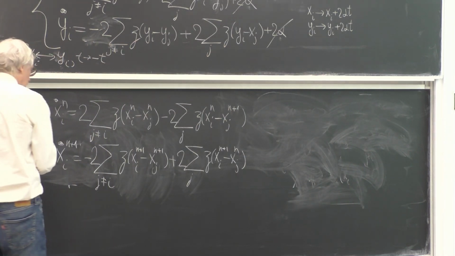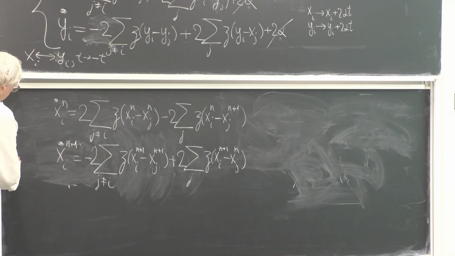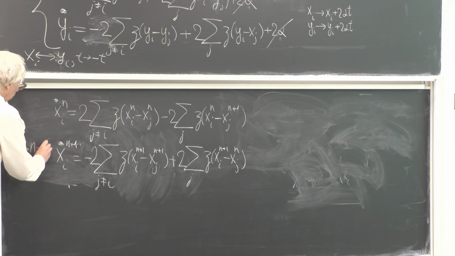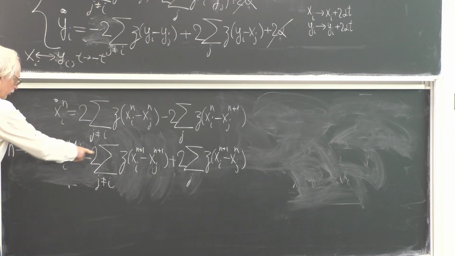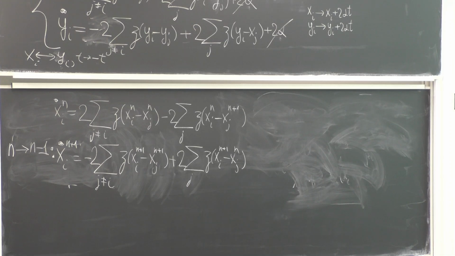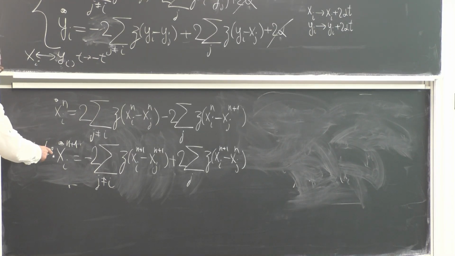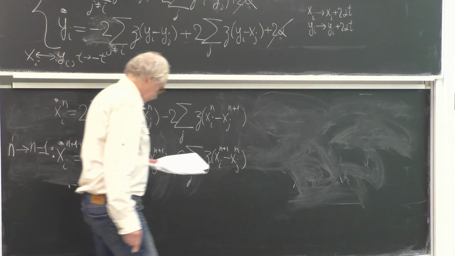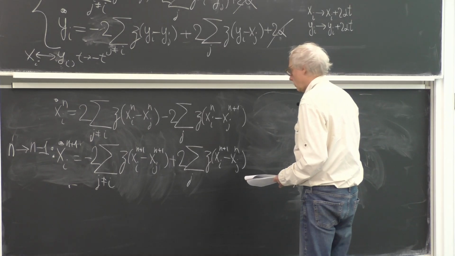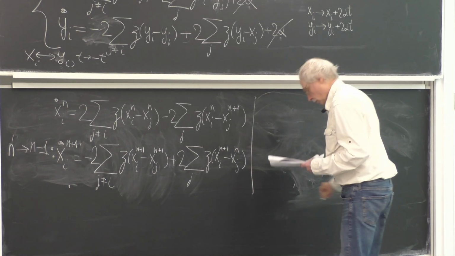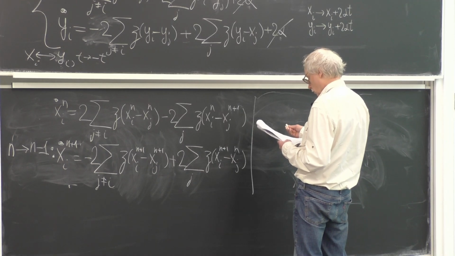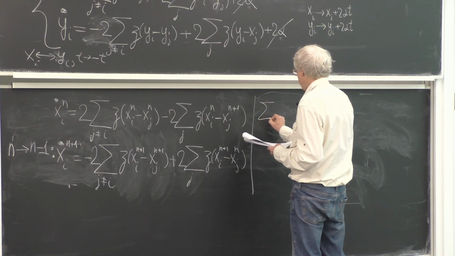To do this, we shift n to n minus 1 in the second equation, and subtract this from this. In this way, you get the following equation.